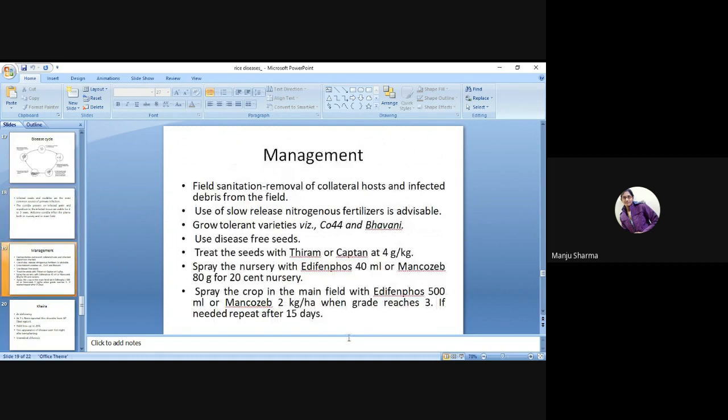After that, management. Field sanitation like removal of collateral hosts and infected debris from the field, and use of slow release nitrogenous fertilizer is advisable.